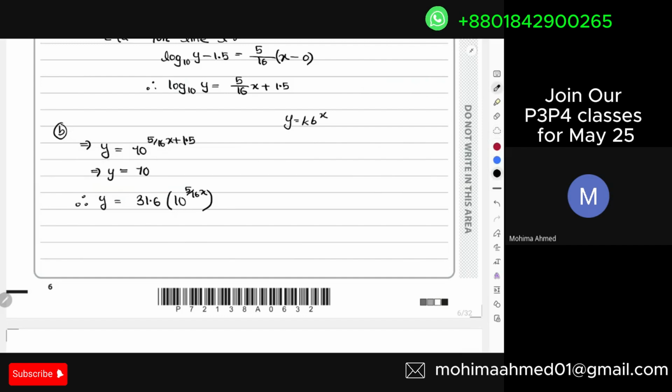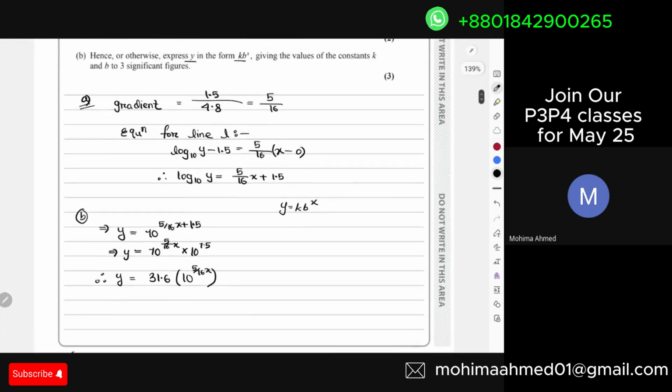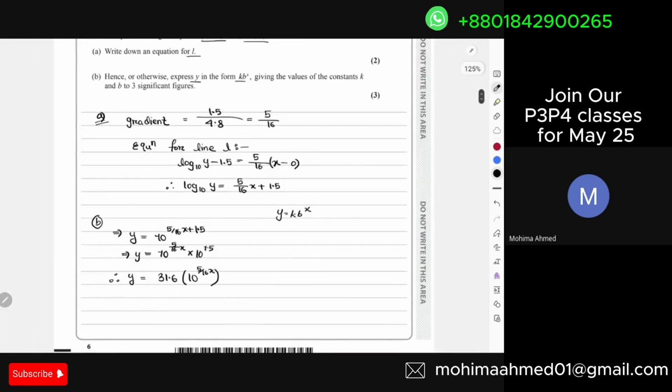That was 10 to the power of 5 by 16x multiplied with 10 to the power of 1.5, right? And then I broke down this 10 to the power of 1.5 and wrote it in the front as three significant figures, 31.6. This is it for question 3. We don't have to explain or write any more other than these things. This is it. Then we'll move on to question 4.